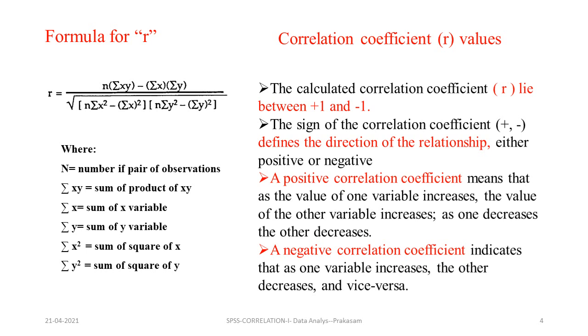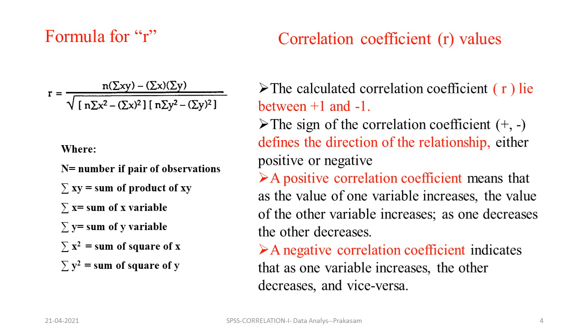A positive correlation coefficient, that is plus 0.5, plus 0.6 or whatever, means that as the value of one variable increases, the value of the other variable increases. As one decreases, the other decreases. A negative correlation coefficient indicates that as one variable increases, the other variable will decrease, and vice versa.